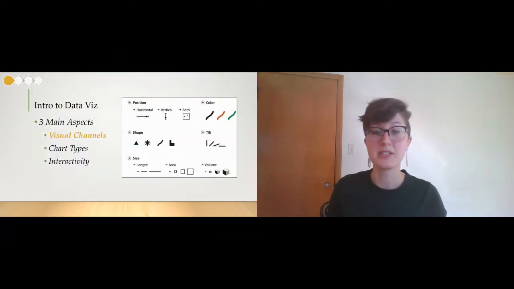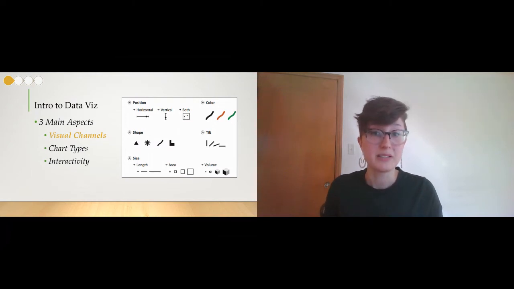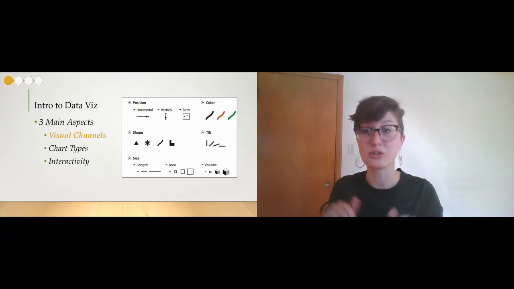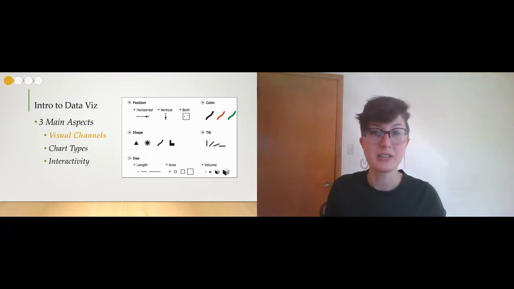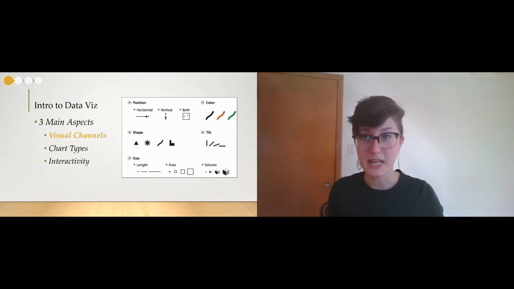So let's go back to the nuts and bolts. There are 3 main fundamentals of data viz. The first is what are sometimes called visual channels. These are characteristics of shapes that we can use to encode data into. These are ways that the brain instantaneously processes information visually without much higher thinking.